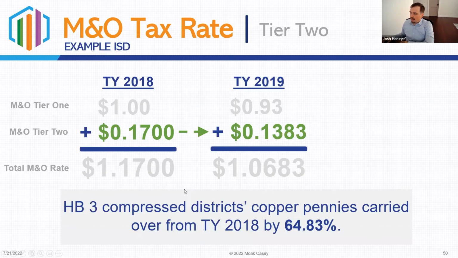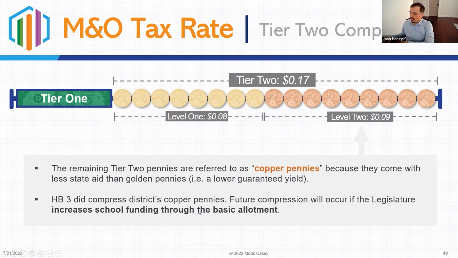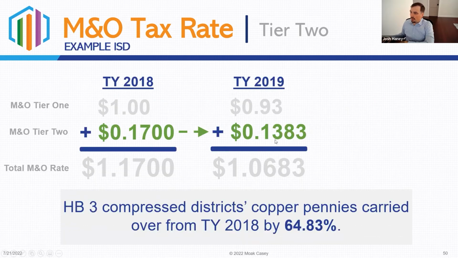I'll go into that more in a little bit. But there was copper penny compression in the first year of House Bill 3. Let's say, for example, you had gone for a TRE prior to House Bill 3 and you were at the full 17 pennies. House Bill 3 knocked you down to 0.1383.